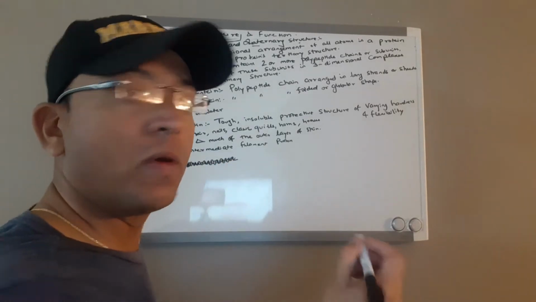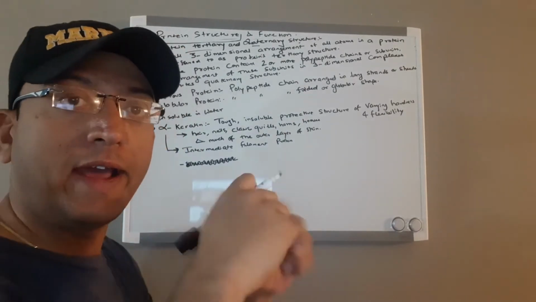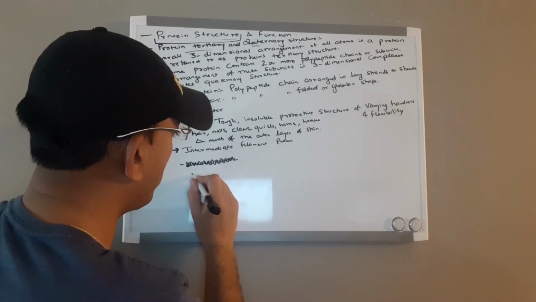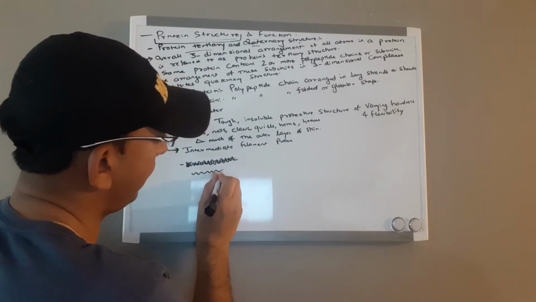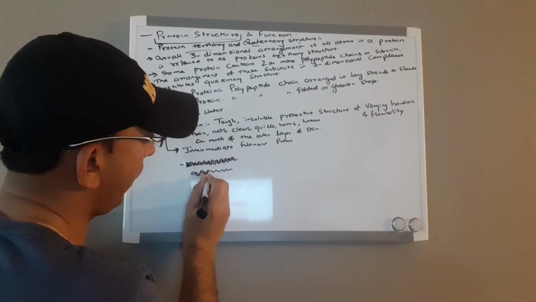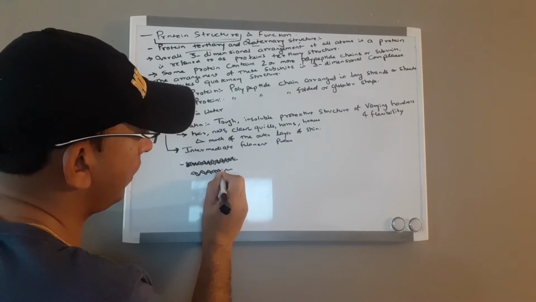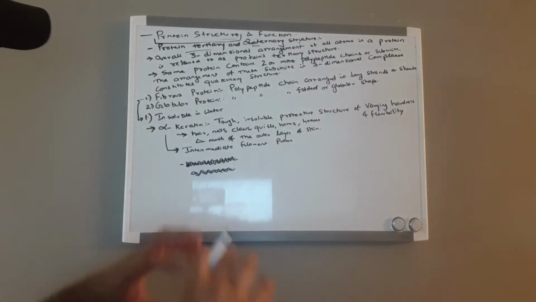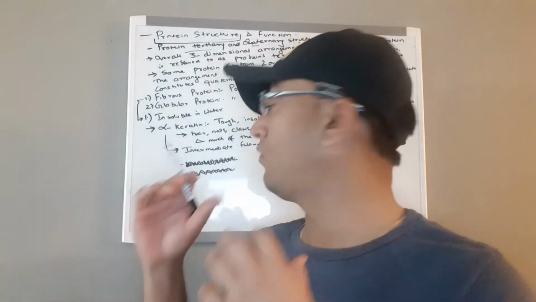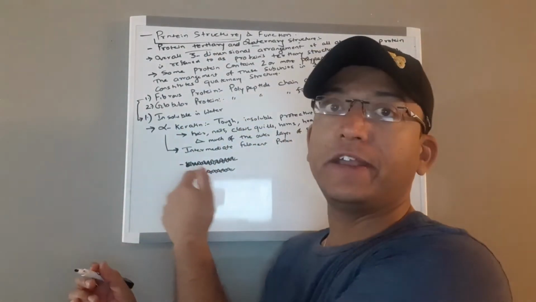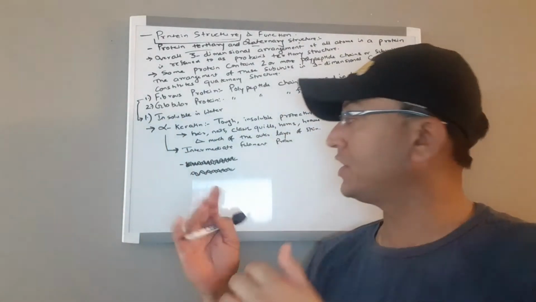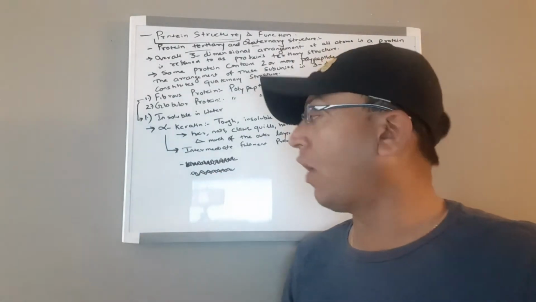Just like a rope, if you see a rope, it is intermingled like this. So the two strands of alpha keratin are oriented in parallel, with the amino terminal at the same end, and are wrapped about each other to form a super-twisted coil.